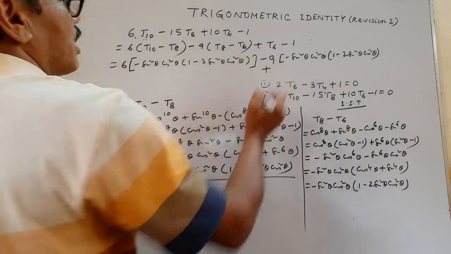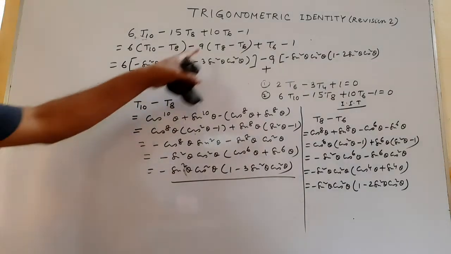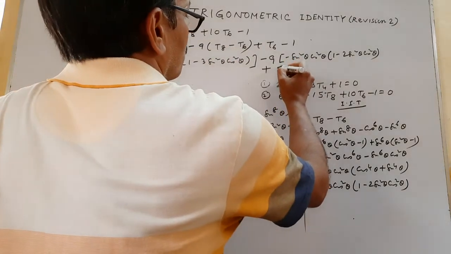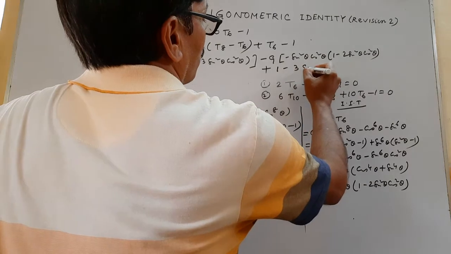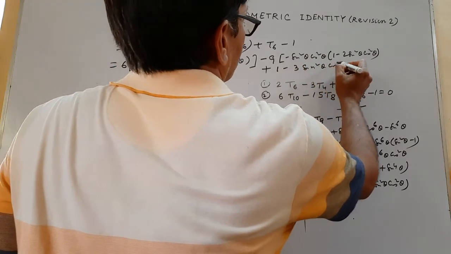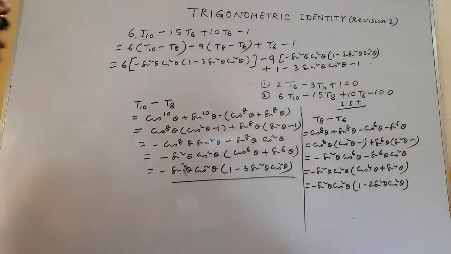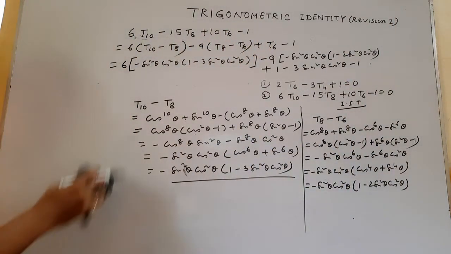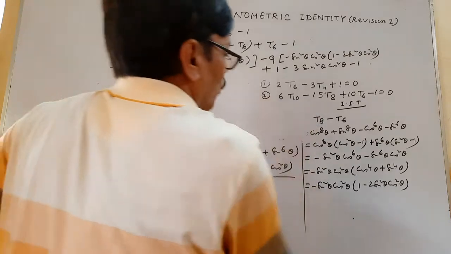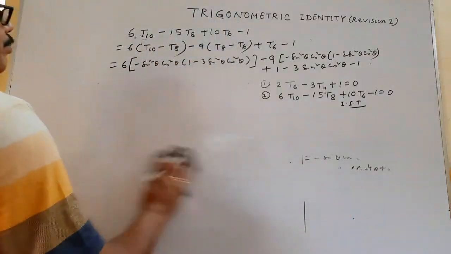And what is T6? T6 means sine to the power 6 theta plus cos to the power 6 theta. So we have already proved this is equal to 1 minus 3 sine square theta cos square theta, and minus 1. Now simplify.